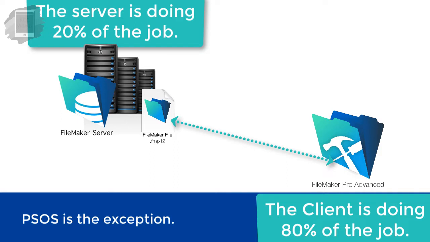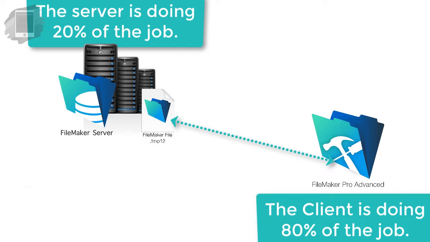Otherwise, the client performs 80% of the job locally, and then it sends the information through the network to the server, and the server sends the result back. So it's a back and forth all the time.